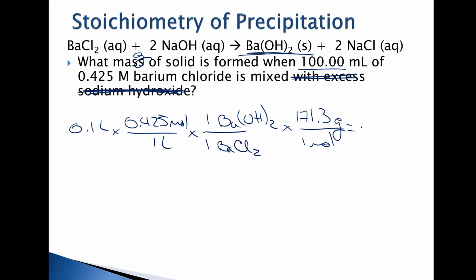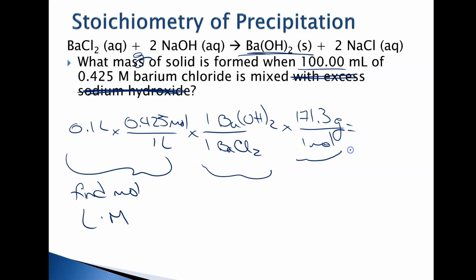So it is very similar to our other forms of stoichiometry. The only thing that's different is we find the moles here by doing liters times molarity. After that, this is the stoichiometry, and that's just a conversion. You get 7.28 grams.